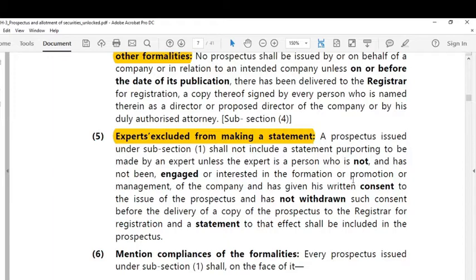So such a person is excluded from making an expert statement in the prospectus.